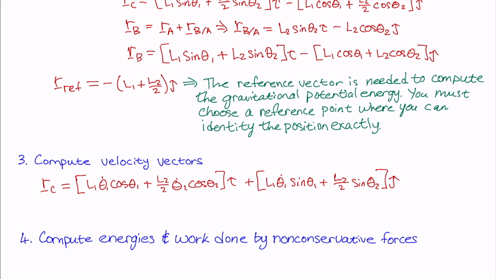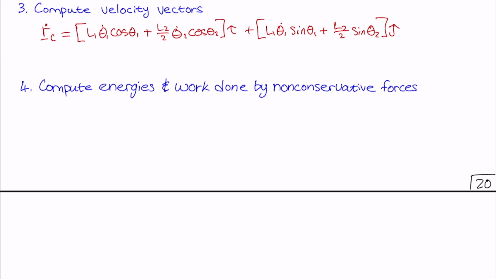That is the velocity vector, and I left out the dot on this r_C, it should be r_C dot.